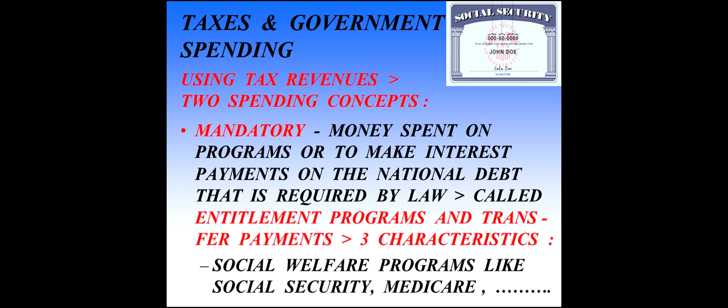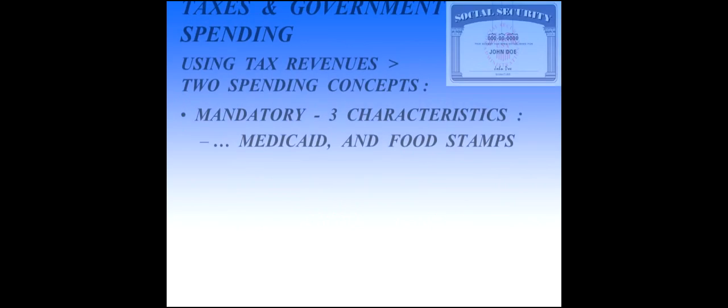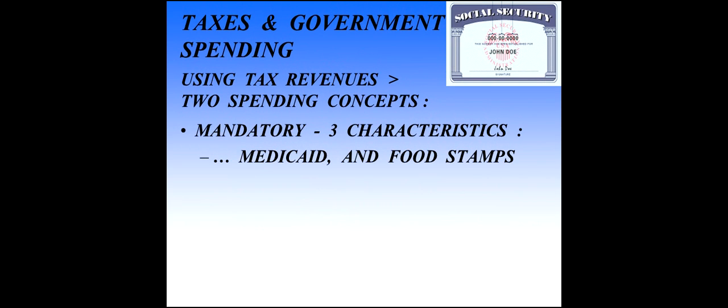Now, there are three characteristics to mandatory or entitlement programs. Here's the first. They're primarily social welfare programs like Social Security and Medicare, Medicaid at the state level, and also the food stamp program falls into this characteristic as well.